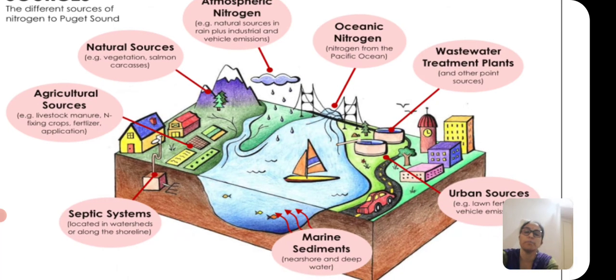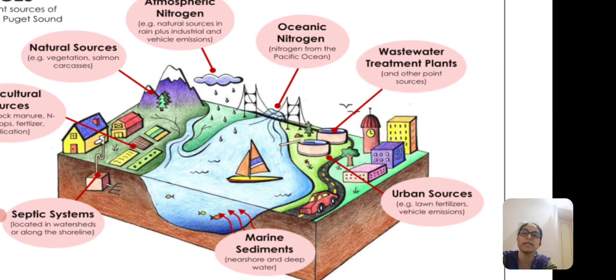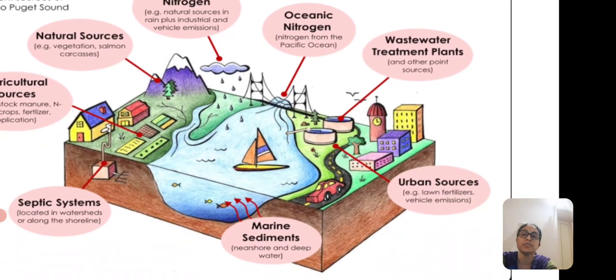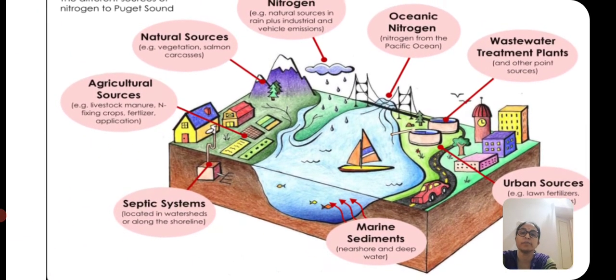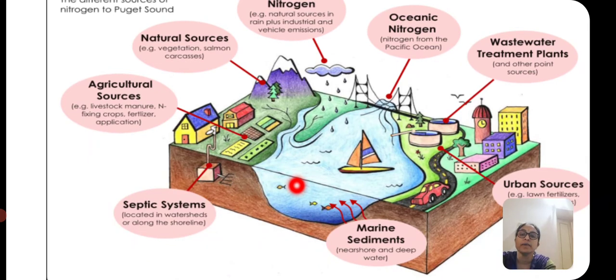And also urban sources like fertilizers, vehicle emissions, and marine sediments. They also have the near shore and deep water with nitrogen residues. And specific systems also have nitrogen as a source, located in watersheds or along the shorelines.